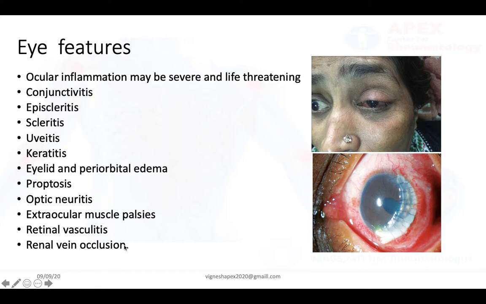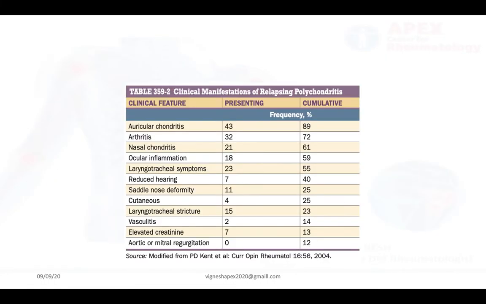So they can have any presentation of the eye. Always keep your mind open, because ophthalmological manifestations are the presenting manifestations in about 18% of the patients. These patients might develop auricular chondritis up to 90% of the time. That is what you should understand.